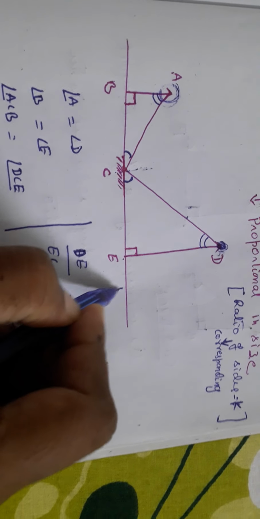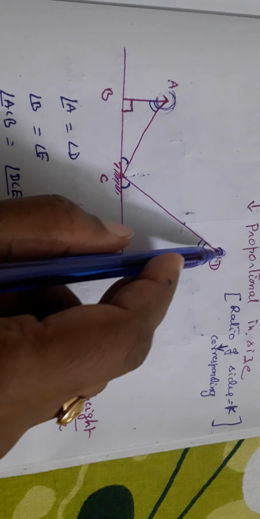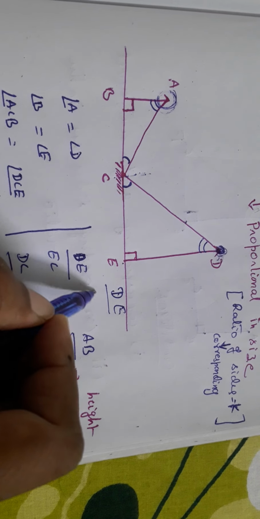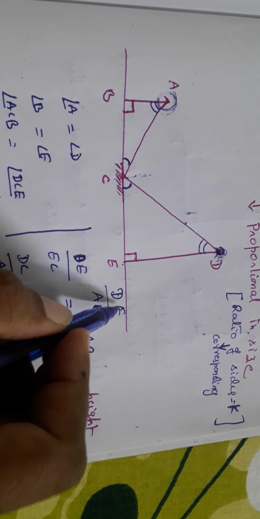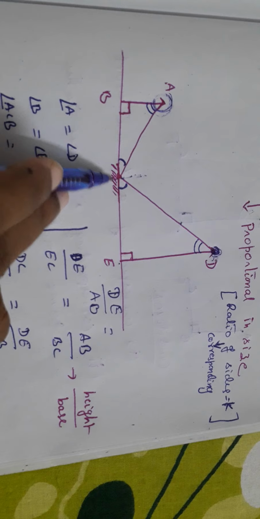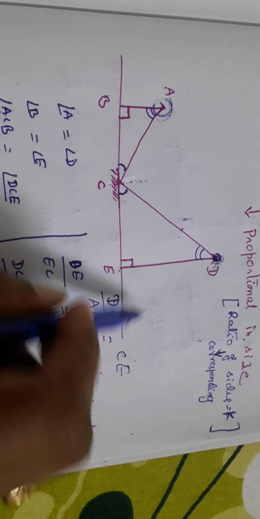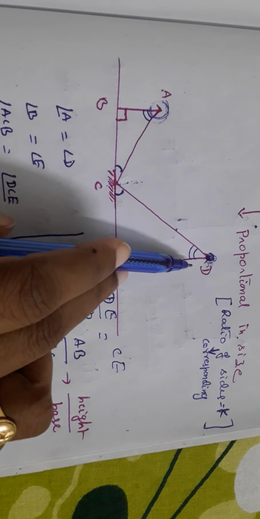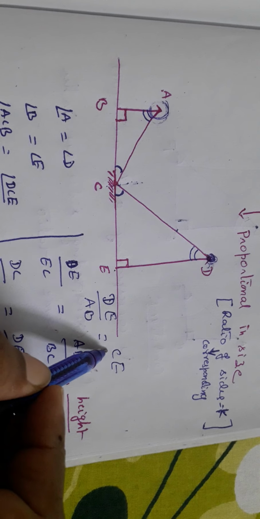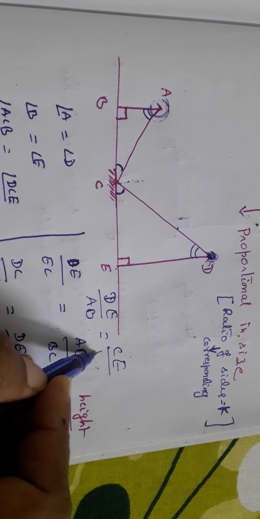So that means ratio of corresponding sides. Let me write it as DE. DE corresponds to which one? From this triangle it is DE, from the other triangle it is AB. So DE by AB, that means height by height, is equal to base CE. Whichever triangle you take first in the numerator, you should take again in the numerator, and the denominator triangle should also not be changed. Now the base of this, so BC.